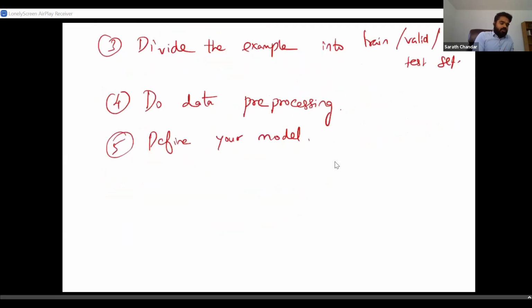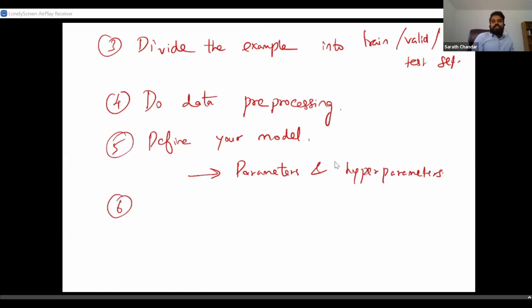This model will have both parameters and hyperparameters. Once you define your model, you should also define the error function that you want the model to minimize, which you could also call the loss function.